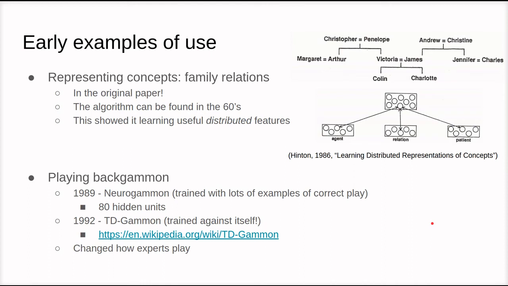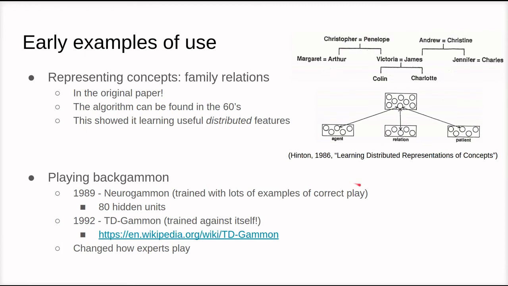The backpropagation algorithm is really the workhorse of neural networks, artificial neural networks, and learning in artificial neural networks. But even when it first came out, it started producing some very impressive results. In the original paper, they managed to use backprop to train a neural network that could learn the relationships in family trees.